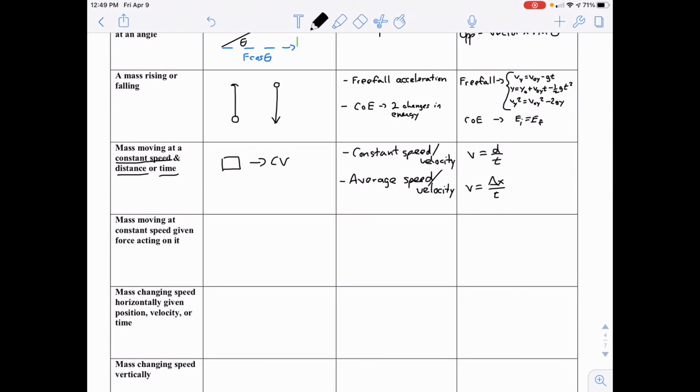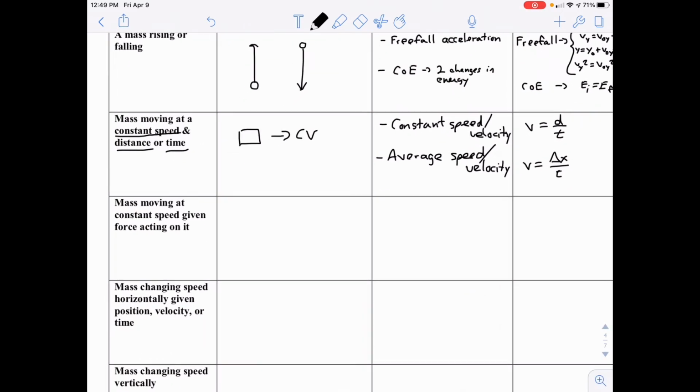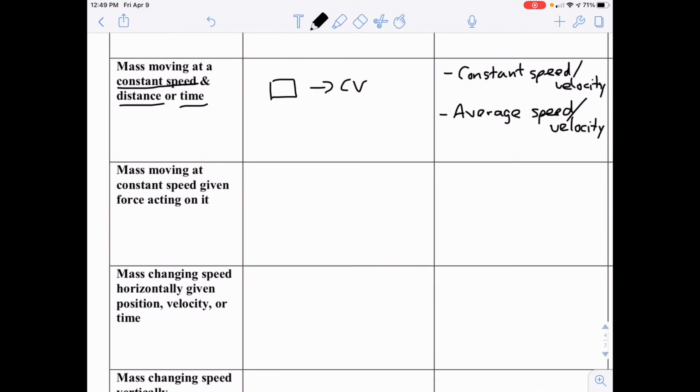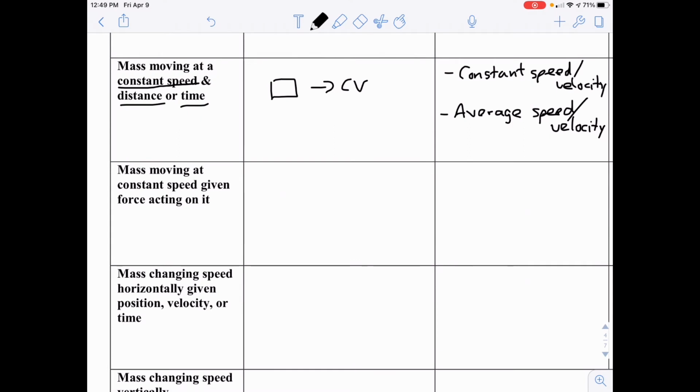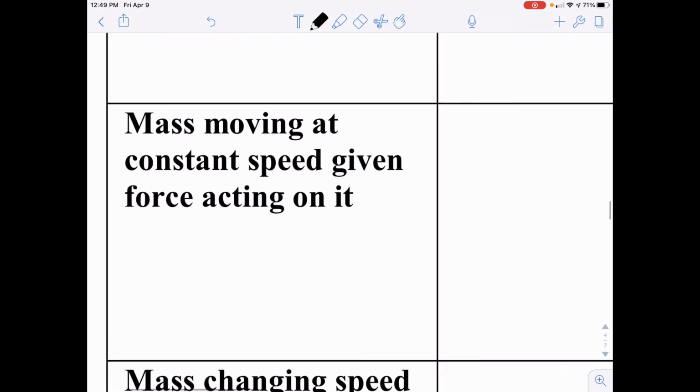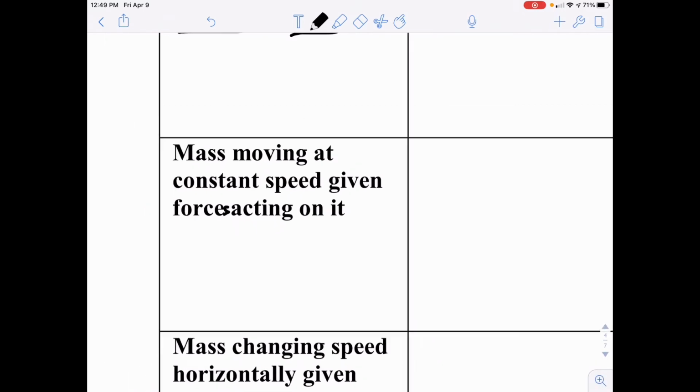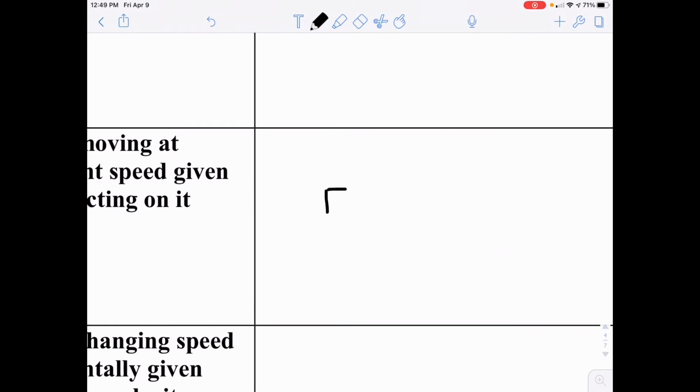What if our scenario has a mass moving at a constant speed given a force acting on it? I should say really forces, because if it's one net force, it would not be moving at a constant speed, it would be accelerating. So forces have to be acting on it. Let's just say, for example, we have an applied force on an object and an equal amount of friction resisting that object to allow it to move at a constant velocity.